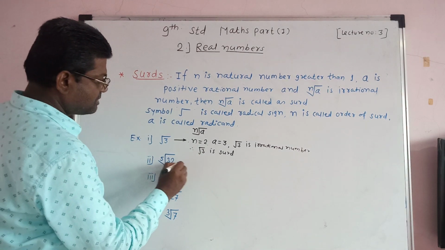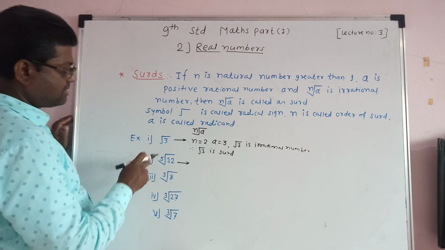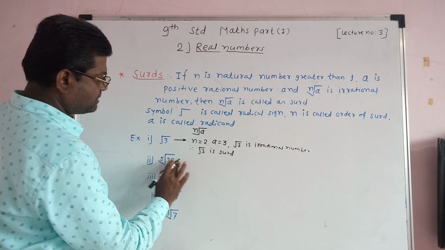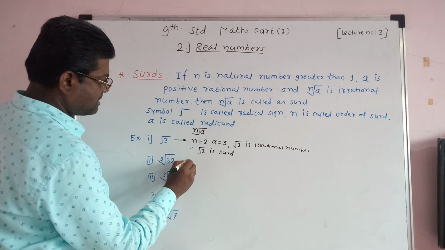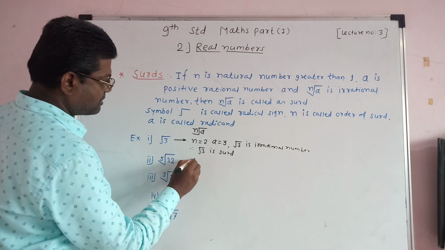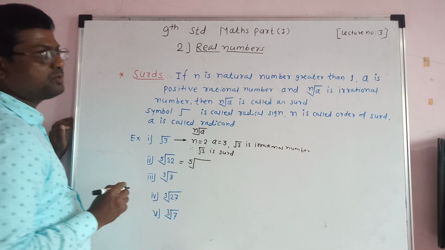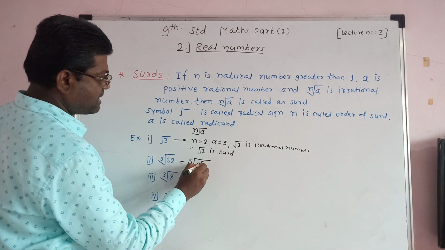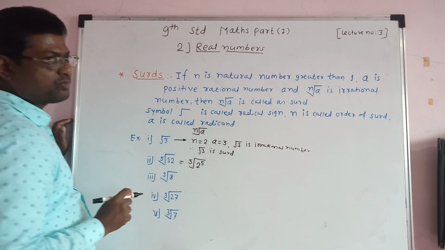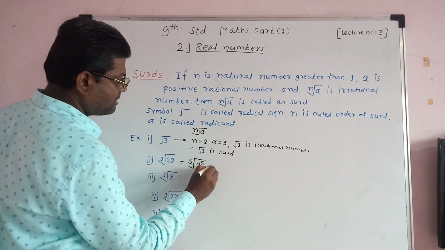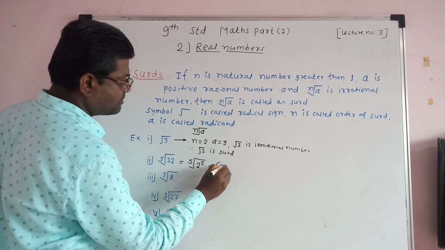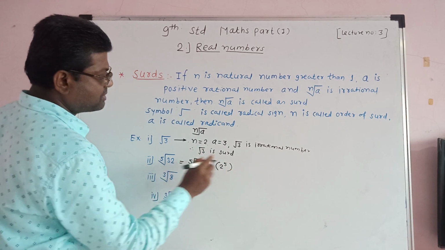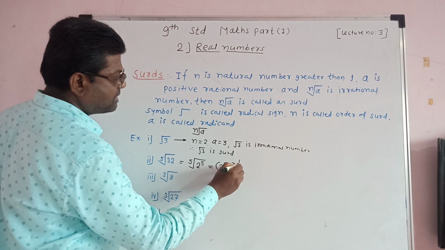Now let us see the second example, fifth root of 32. Fifth root of 32 can be written as the fifth root of 2 raised to 5, since 2 raised to 5 is equal to 32. Now the fifth root can be written as raised to 1 upon 5.